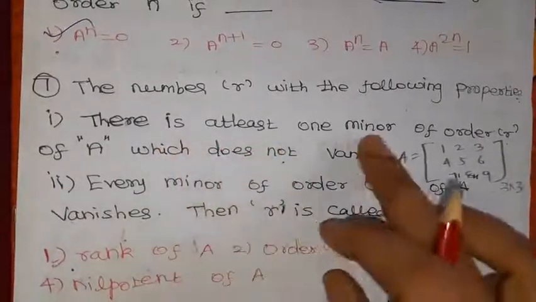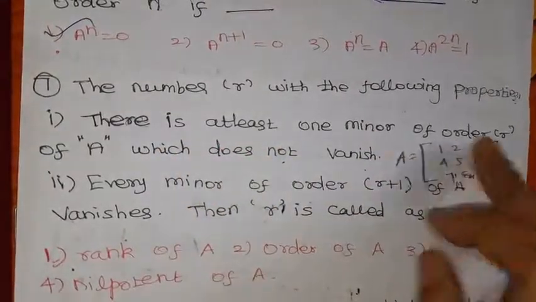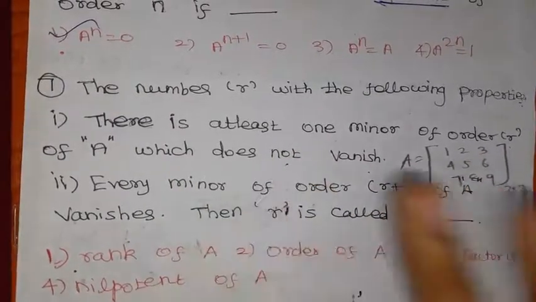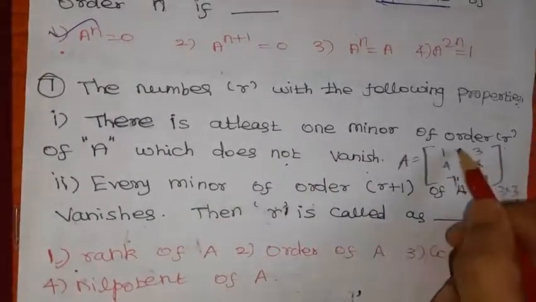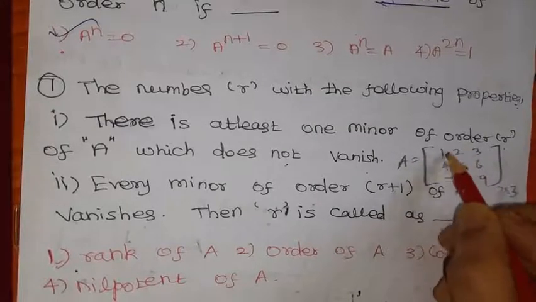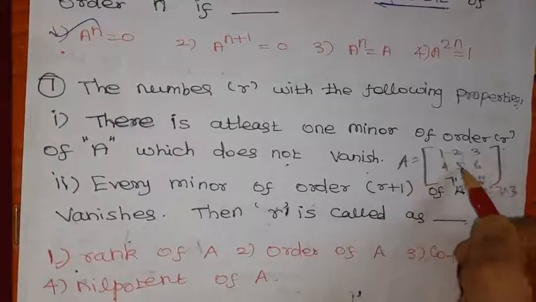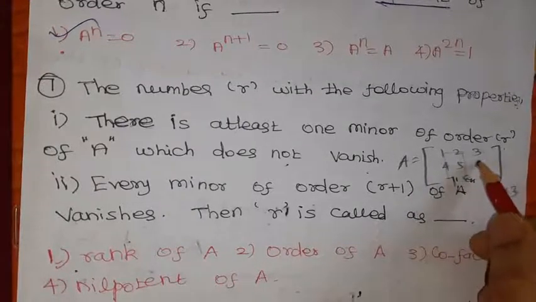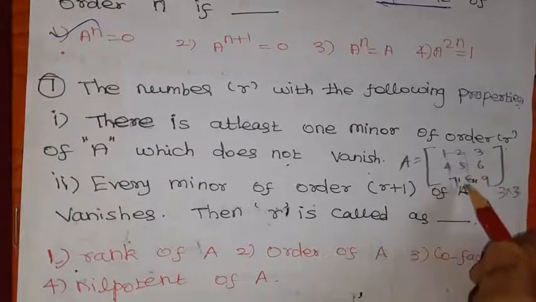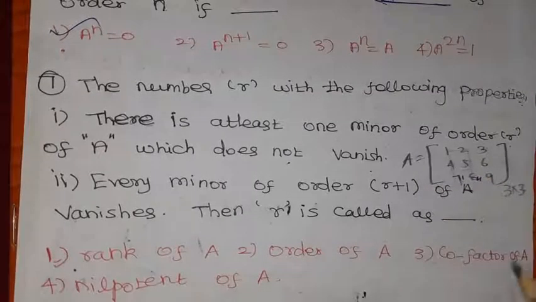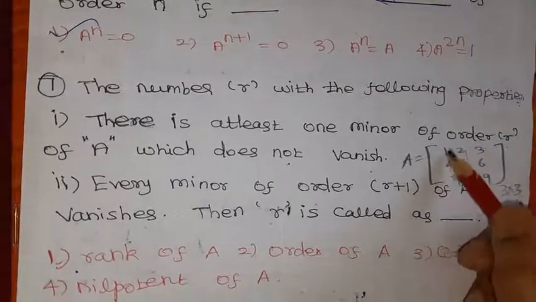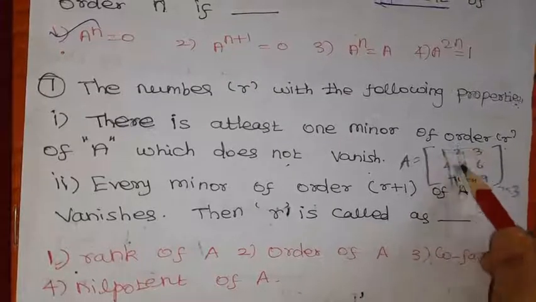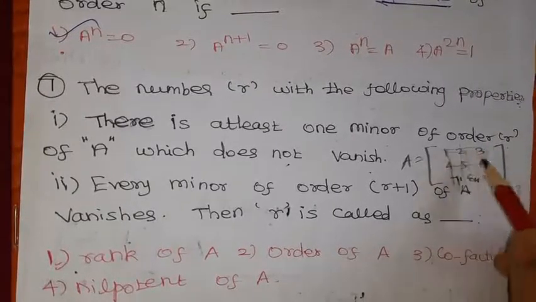There is at least one minor of order r of A which does not vanish. Minors are, for example, 1 2 4 5, or 2 5 3 6, or 4 5 7 8, or 5 6 8 9. The minor of 1 is 5 6 8 9. The minor of 2 is 1 3 7 9.